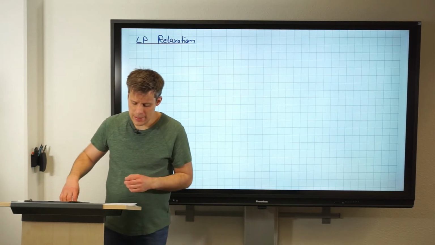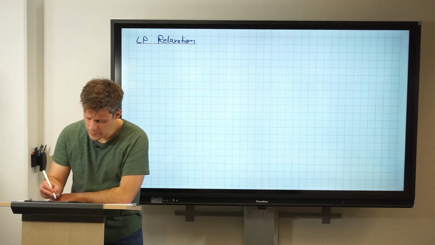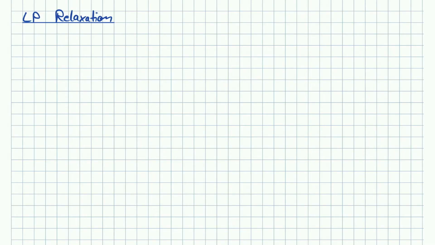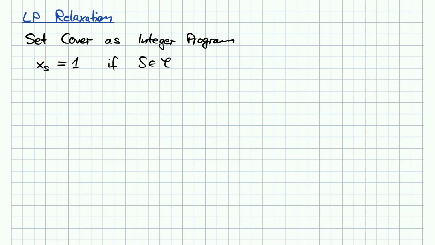So how could we write this down as an integer program? We'll have variables xs, which mean that xs should be 1 if the set S is included in our cover and 0 otherwise.